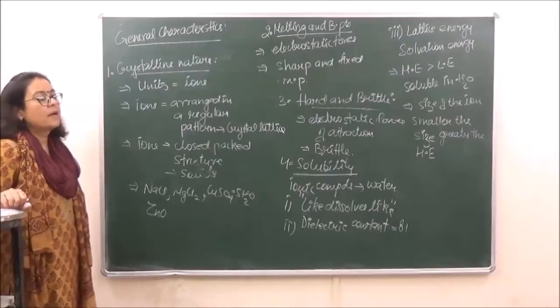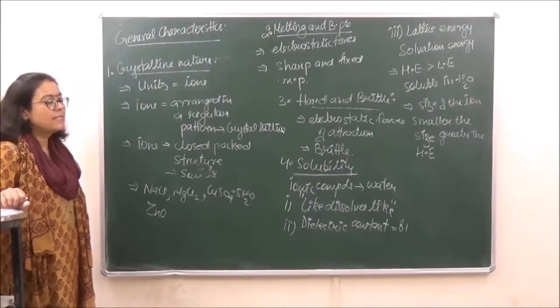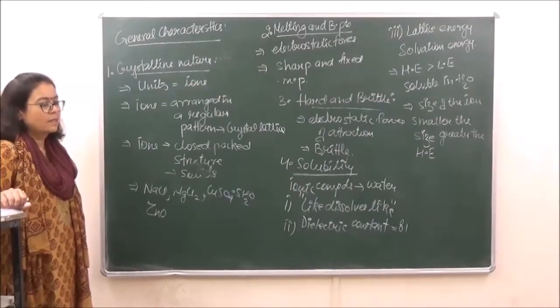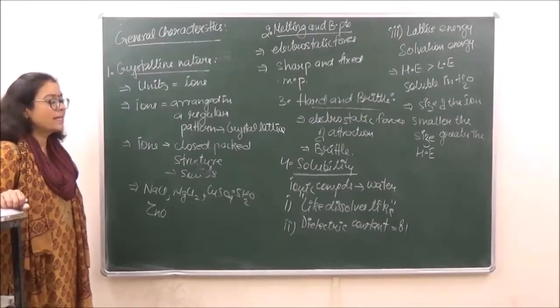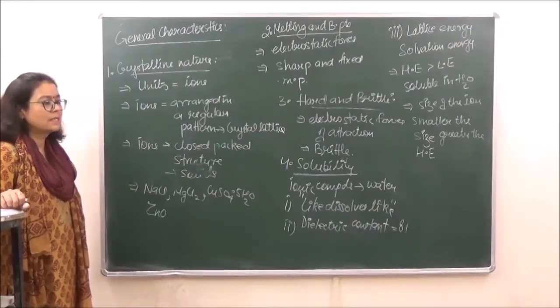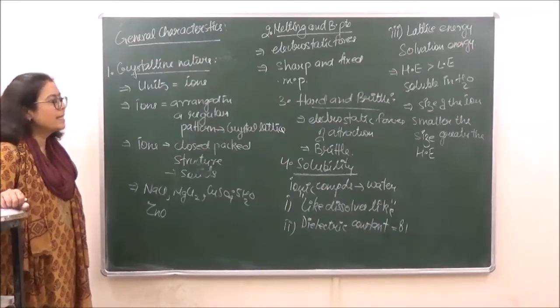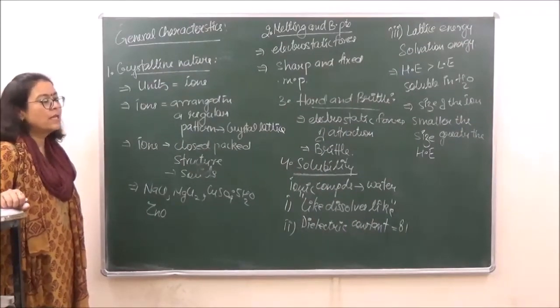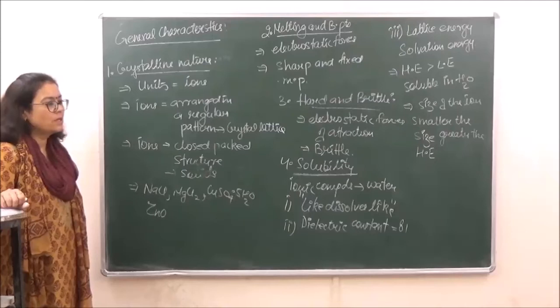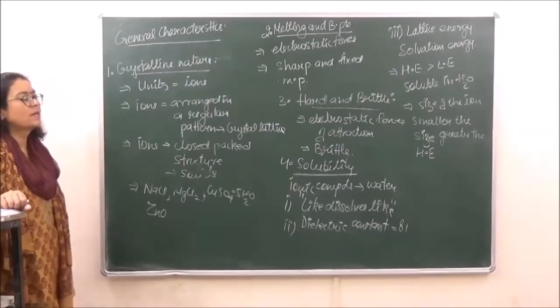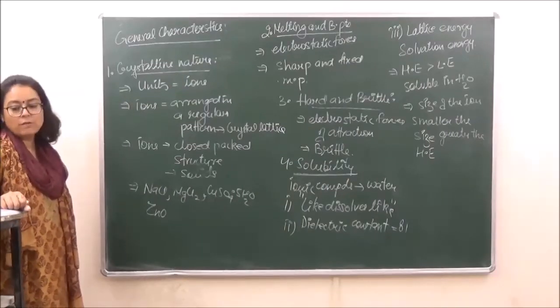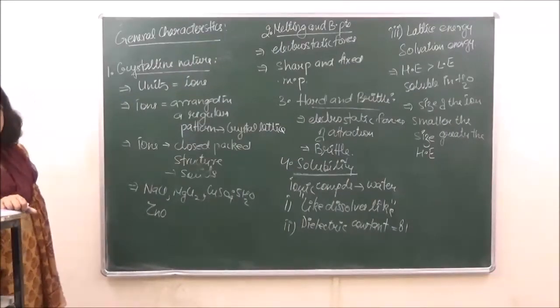For example, if we compare NaCl with cesium chloride, down the group the size increases, isn't it? So NaCl has a smaller size, so its hydration energy will be more. If the hydration energy is more, then the solvation is also going to be more.